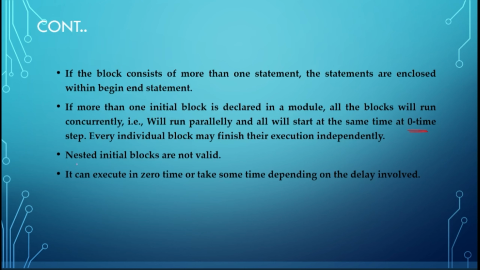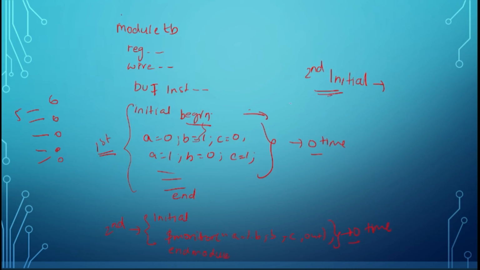Okay, and one more important thing here is that nested initial blocks are not valid. What does that mean? Nested means if you are writing two initial blocks, after initial, begin, end, only after ending should you start another initial block. That means you should not write initial within initial.